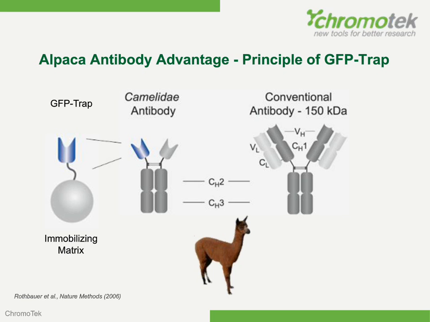In the case of the GFP-trap, such a small fragment directed against GFP is covalently coupled to a matrix like agarose beads. And this then results in the so-called GFP-trap. And especially the strong binding of the GFP-trap to GFP is a big advantage in optimizing your immunoprecipitation.